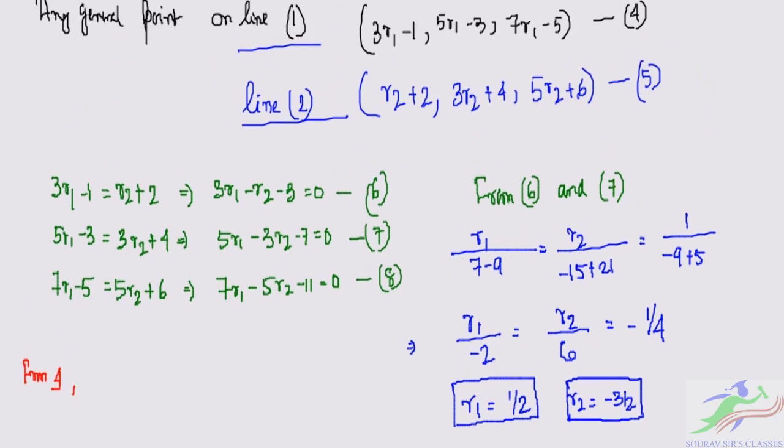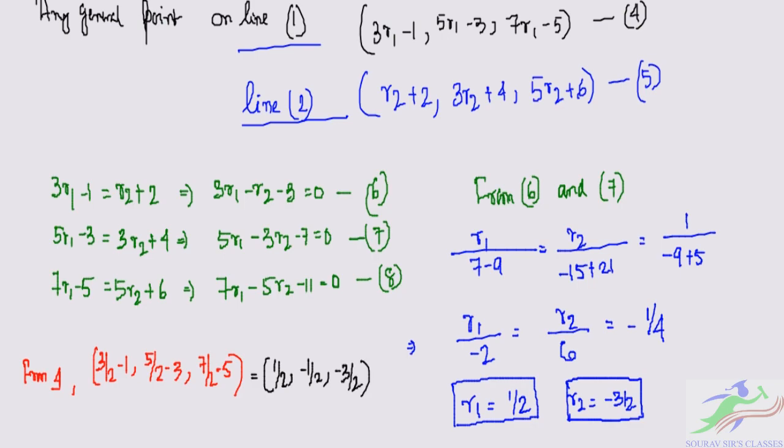From 4 we have 3 by 2 minus 1, 5 by 2 minus 3, and 7 by 2 minus 5. Here this equals half, minus half, minus 3 by 2.